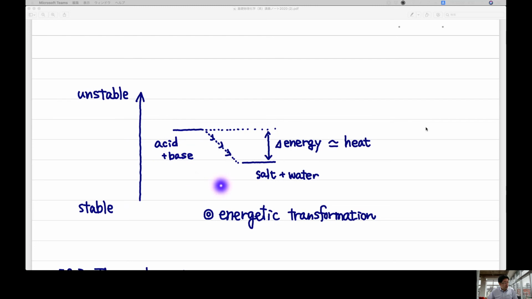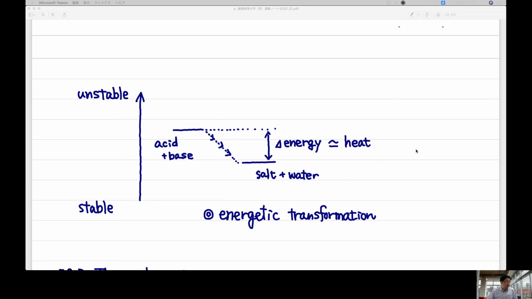After neutralization, we get the salt, NaCl, and water, H2O. These materials are the stable form of the compounds. So from this difference, we can obtain the energy as heat. So this is a chemical reaction, but in other words, this reaction is an energetic transformation. Then we can get the heat.